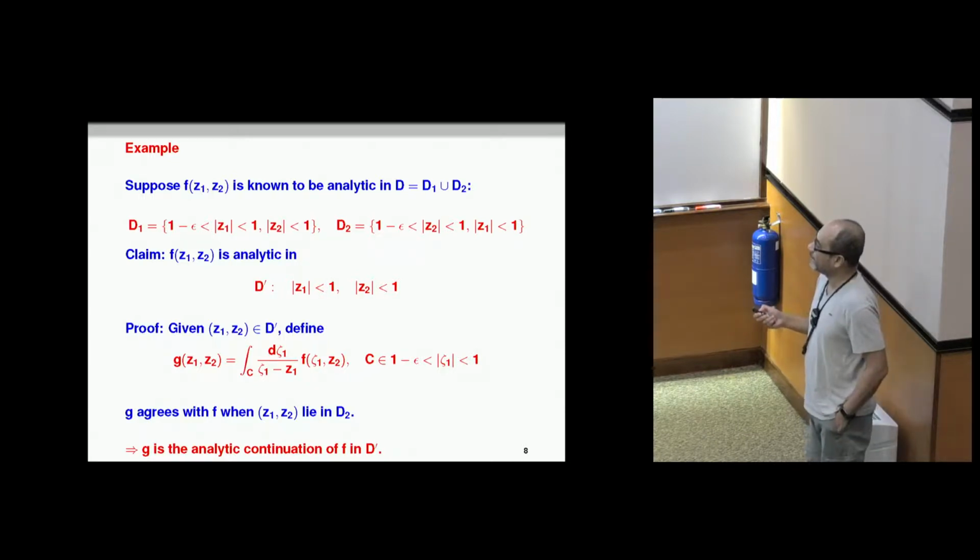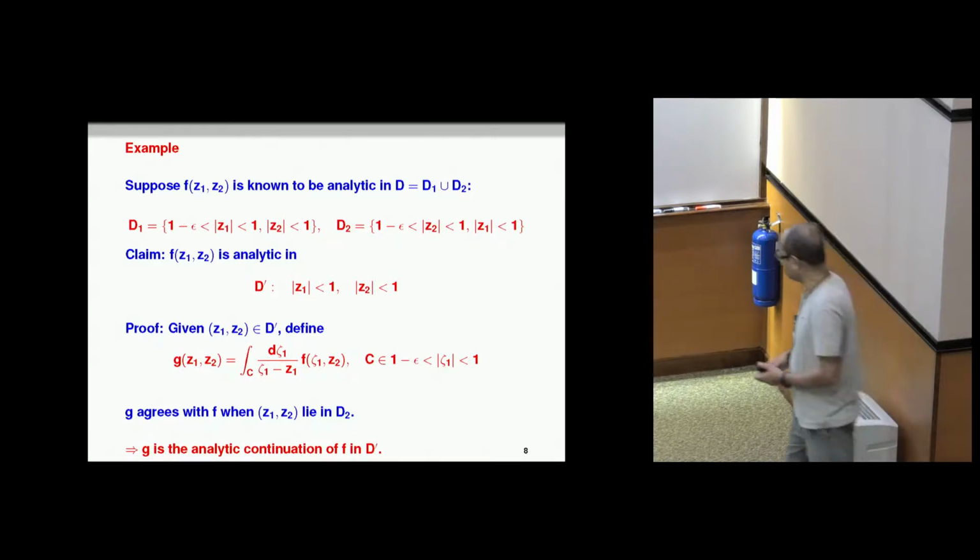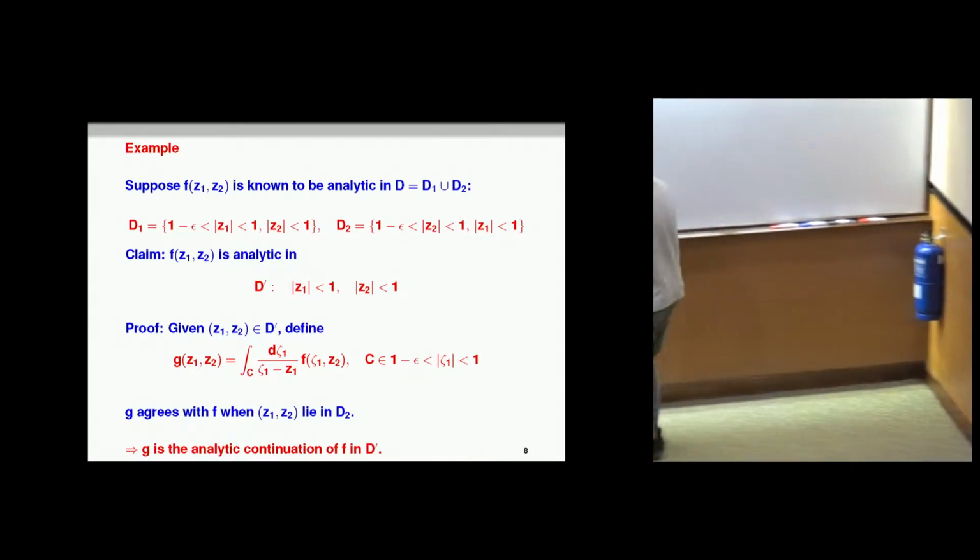So given Z1, Z2 in D prime, we define a function G(Z1, Z2), which basically includes the contour integral of F(zeta 1, Z2) over a contour. So the contour basically looks like this.